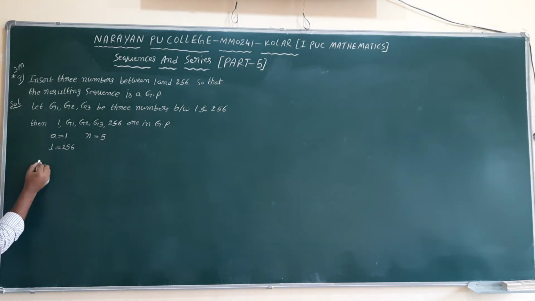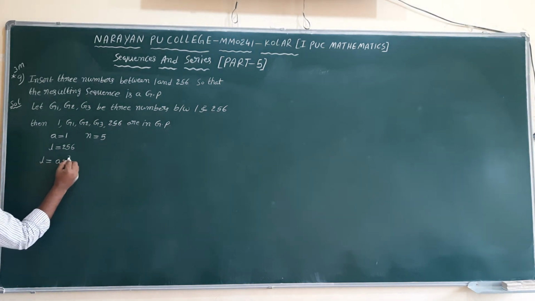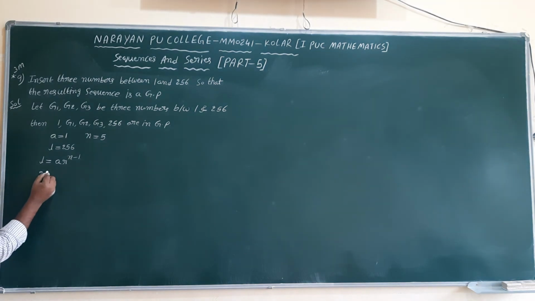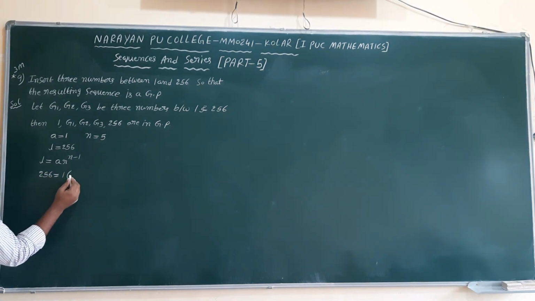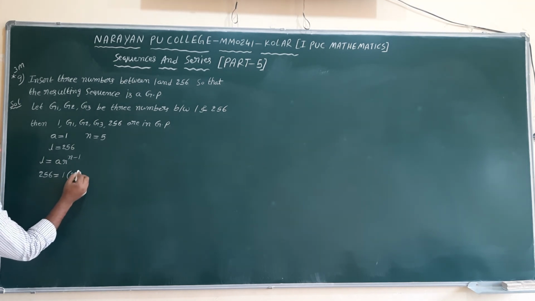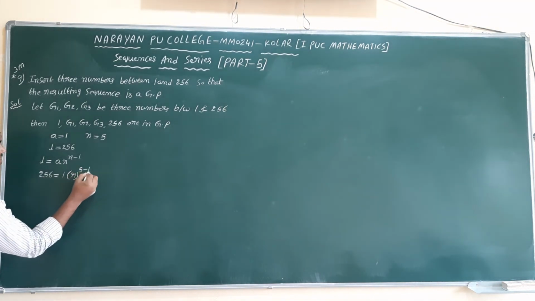So we have the formula L equal to a r power n minus 1, the last term or general term. L value 256 is equal to a value 1, r value we don't know, r power 5 minus 1.